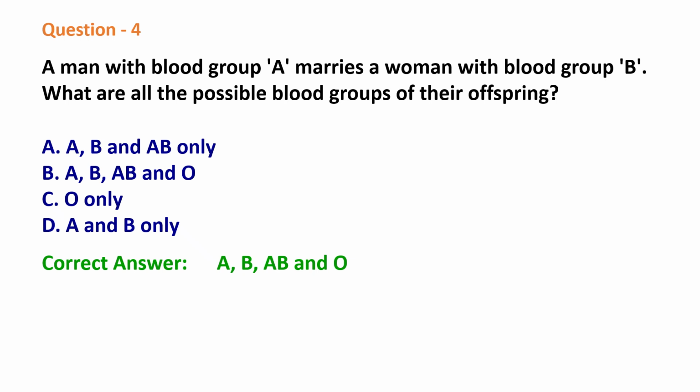If you consider the alleles of the man and the woman, all the possible alleles are present in them. So in the offspring also, all the possible blood groups are possible. So the correct answer is A, B, AB and O.